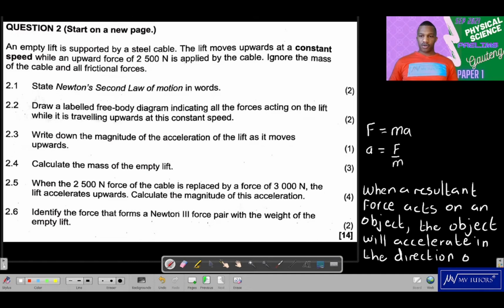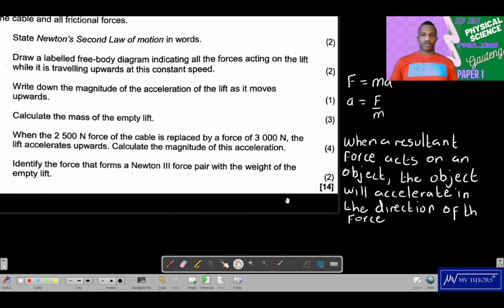The direction of the force. That's number 1. But you don't just end there.